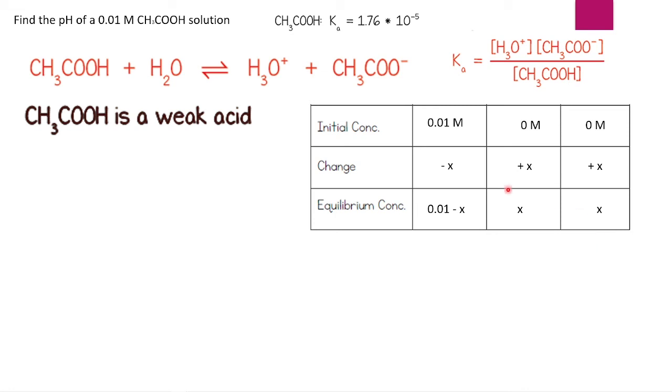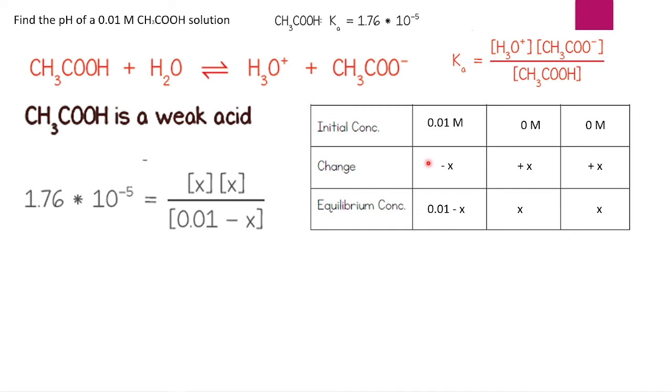That means that we can assume that the concentration of the products at the end is going to be X, which means that it has gone up by X and the reactants have gone down by X. I hope that made sense. So we can then put the information that we know from our ICE table or RICE table into the equilibrium constant. And yes, this is algebra, and yes, nobody likes doing algebra, but we can work with it.